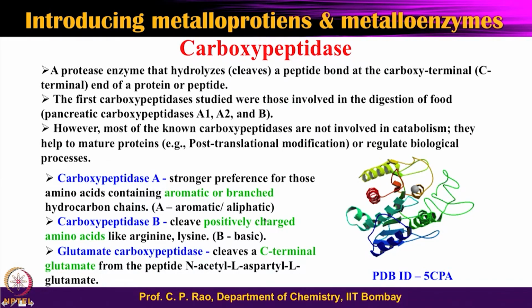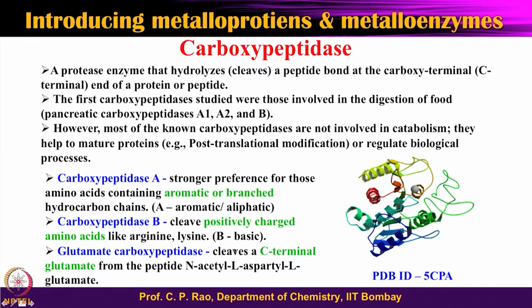If you have positively charged amino acids like lysine, arginine etc. in the neighbor amino acid with respect to the peptide bond which you are cleaving, then this will be carboxypeptidase B. And if you have a negatively charged species in the neighbor, then it will be glutamate carboxypeptidase, also called carboxypeptidase C. Carboxypeptidase A, carboxypeptidase B, carboxypeptidase C.